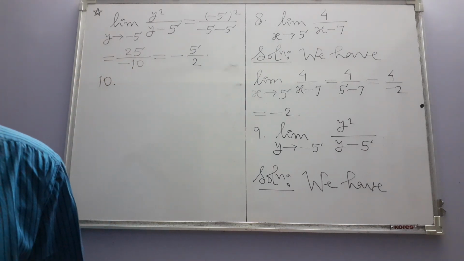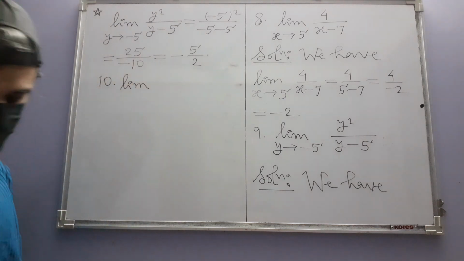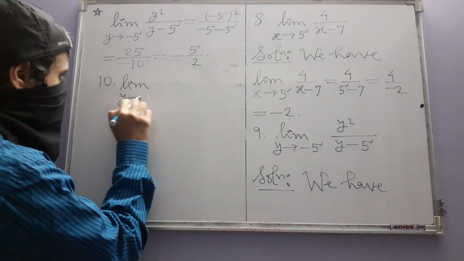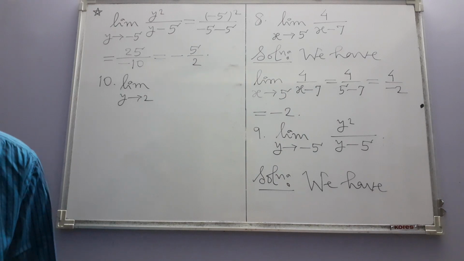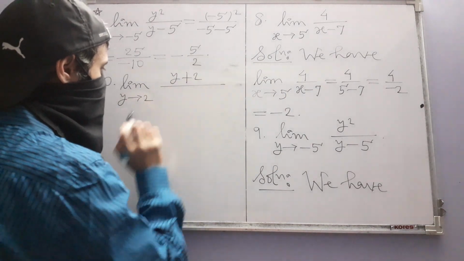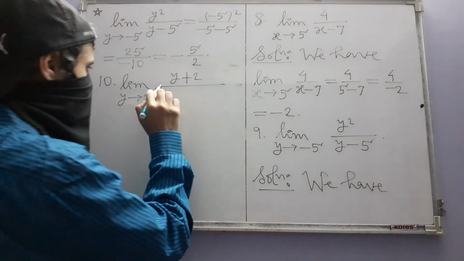Next, 10, limit y tends to 2 and the function is y plus 2 over y square plus 5y plus 6.